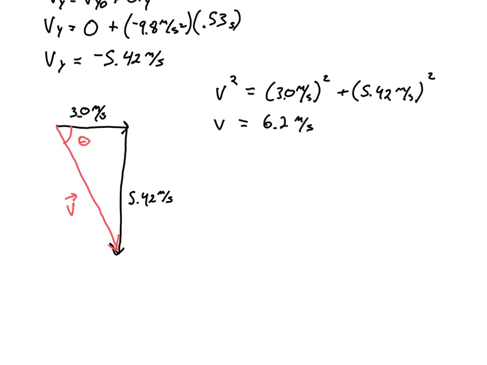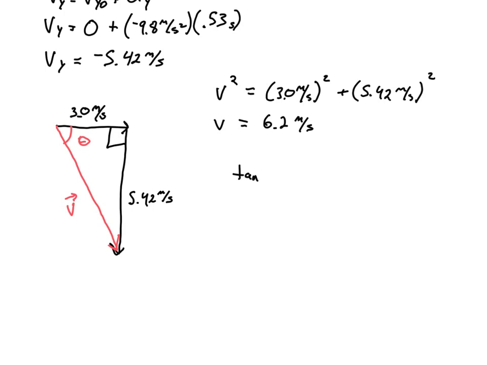As for the direction, I see in that diagram, I know the lengths of the 2 legs of that triangle, and this would be a right triangle. The 3 is all in the x direction, the 5.42 is all in the y direction, so that makes that a right triangle. So we can use trig functions on this. I have the 6.2 meter per second hypotenuse, so actually I know all 3 sides. I could use any trig function. I'll use tangent on this one.